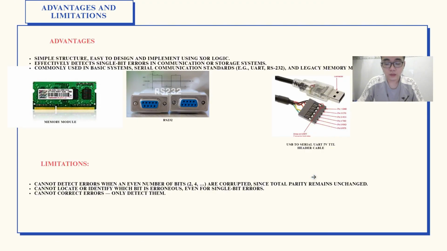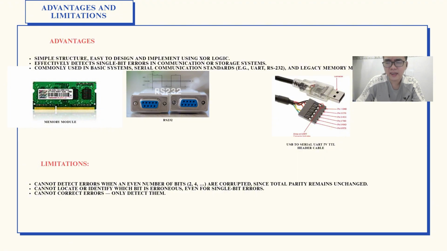Now we know about parity bit theory. Also, we need to discuss the design and operation of the parity code system. Let's analyze its advantages and limitations. This helps us understand why it remains widely used despite being a very basic error detection technique. First, the advantage is simplicity of design.